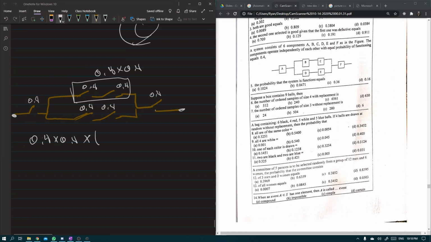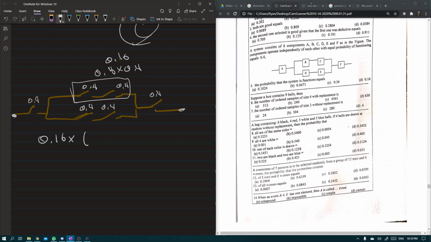Both of them working is 0.16. So this is going to be 0.16 times 0.16.